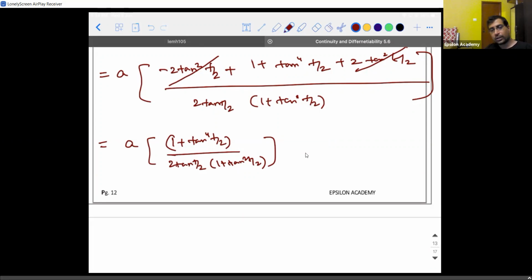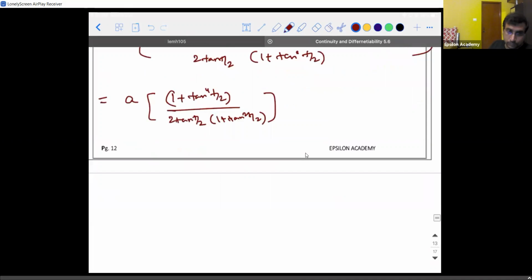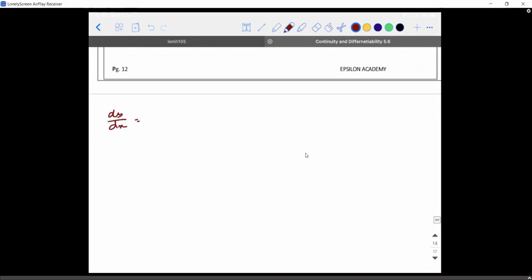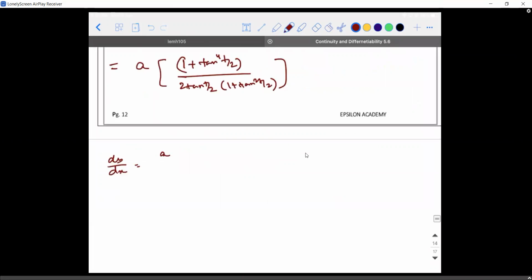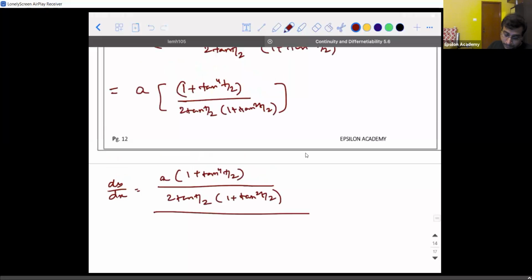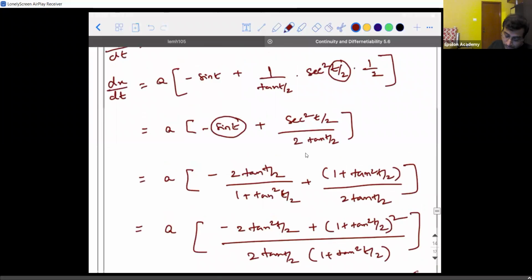Okay. Anybody who got the answer? What is dy by dx equals? A into 1 plus tan power 4 t by 2 divided by 2 tan t by 2 into 1 plus tan square t by 2, the whole divided by a cos t.